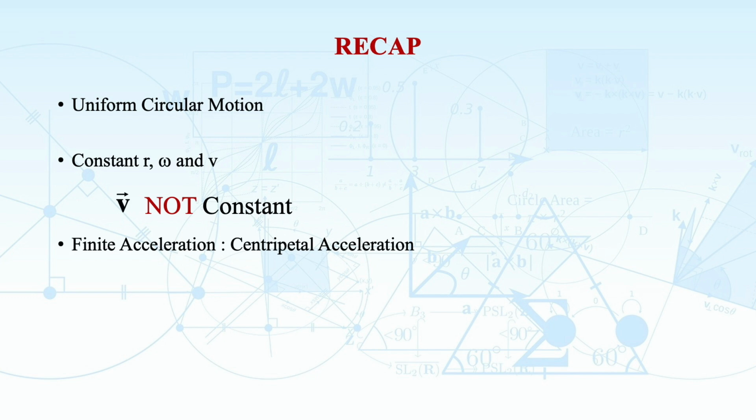and since the velocity is changing, there has to be a finite acceleration. This finite acceleration is called the centripetal acceleration, and it has a magnitude which you can define either in terms of the linear velocity v or in terms of the angular velocity omega. So a is equal to v squared by r, and a is also equal to omega squared times r. We also discussed and determined the direction of the centripetal acceleration.